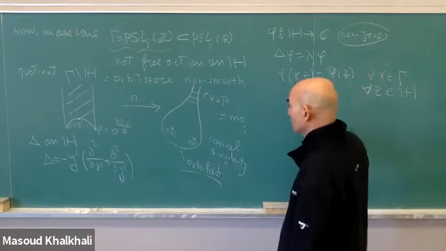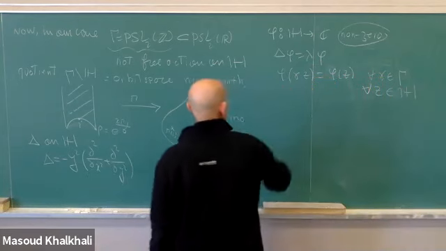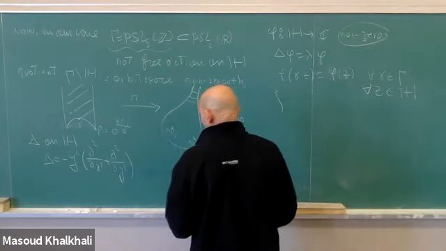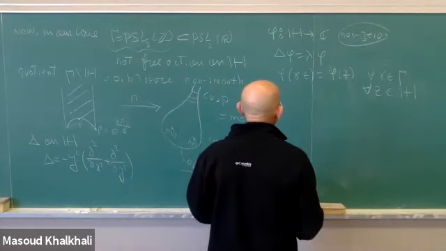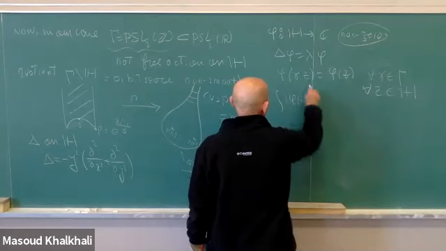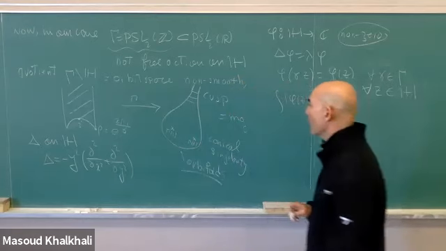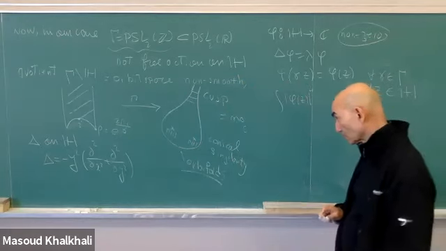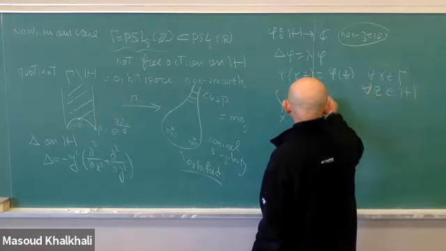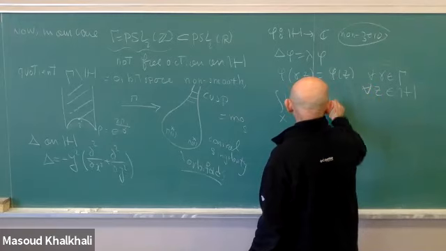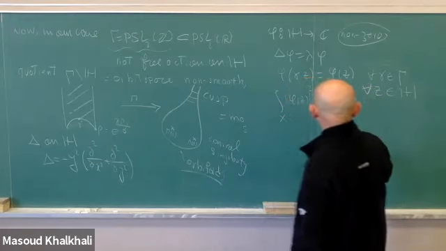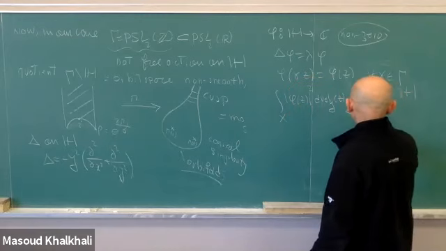The L2 condition that you put here is the following: you just say that the integral of the absolute value of phi of z squared, with respect to the measure dmu of z over the fundamental domain, is less than infinity.